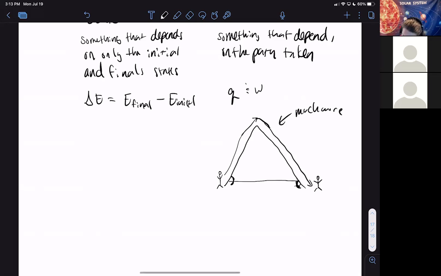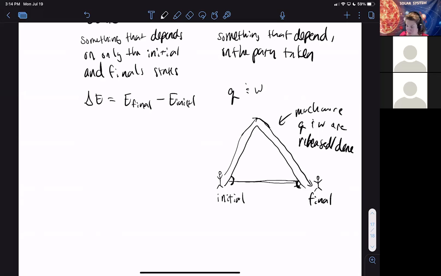So this path, much more heat and work are released, done by this person versus the one who goes through, but the initial and final states are the same.